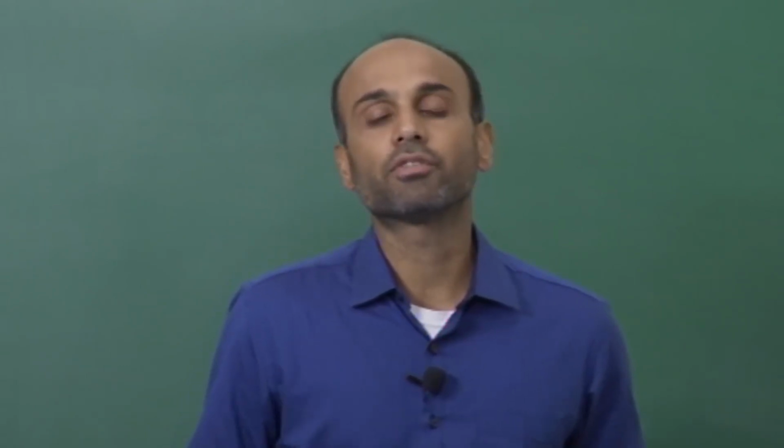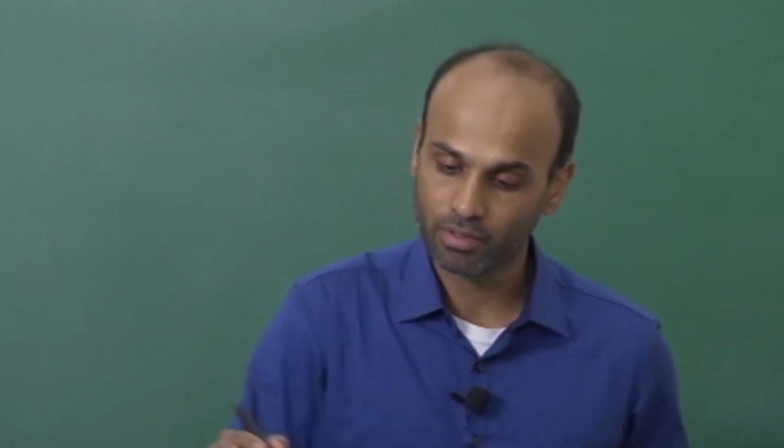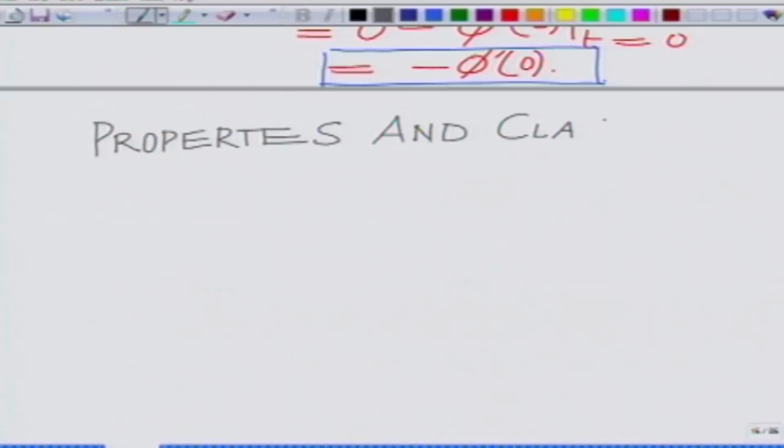Let us now look at some examples related to the properties of systems and classification of systems. So far we have looked at systems, so now look at properties and classification.